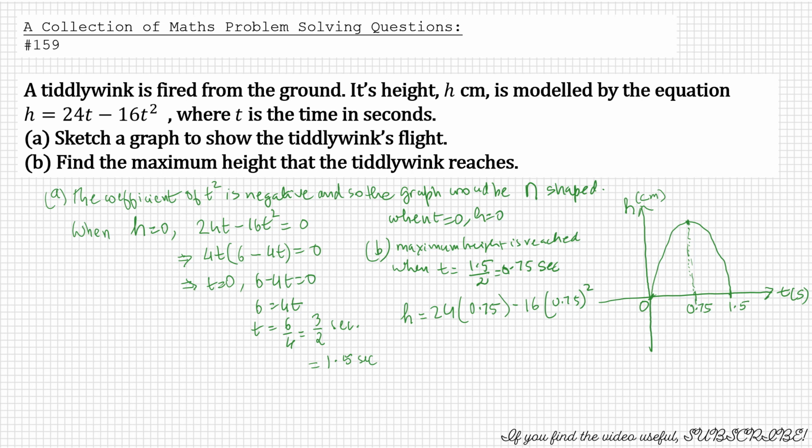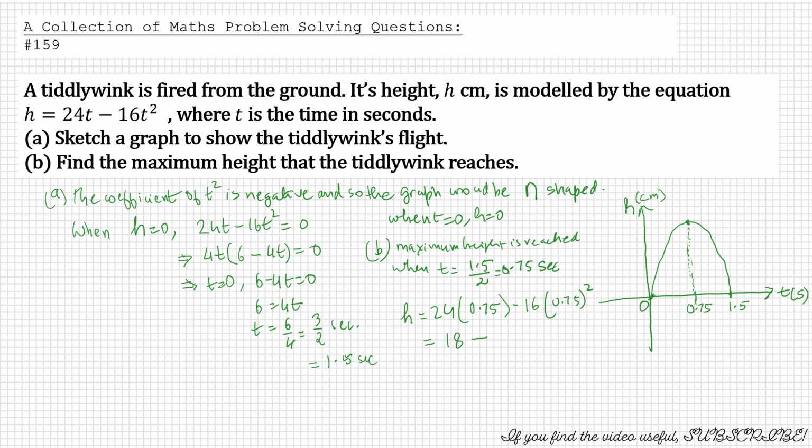What I get is 24 times 0.75 gives me 18, minus 16 times 0.75 squared, that gives me 9.